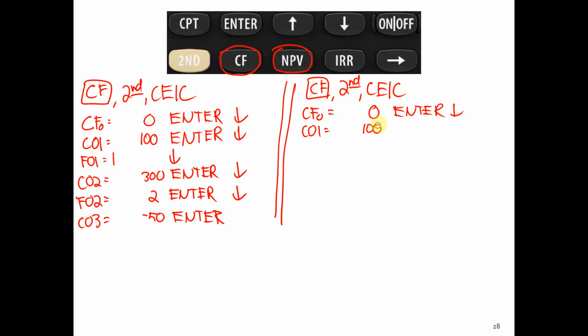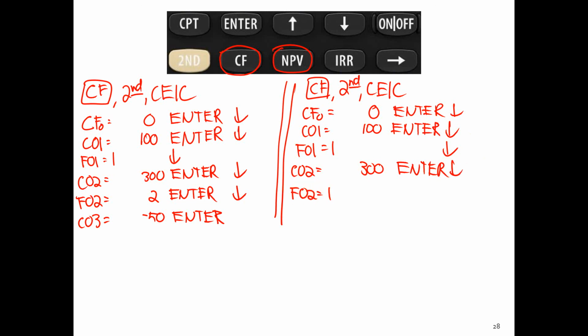C01 comes up on the screen, we enter it as 100, hit enter, scroll down. F01 we left equal to the 1 that it showed up on the screen, so we don't have anything else to enter, we just scroll down. C02 we put in as 300. We hit our enter key, scroll down, and this is where a difference came into play.